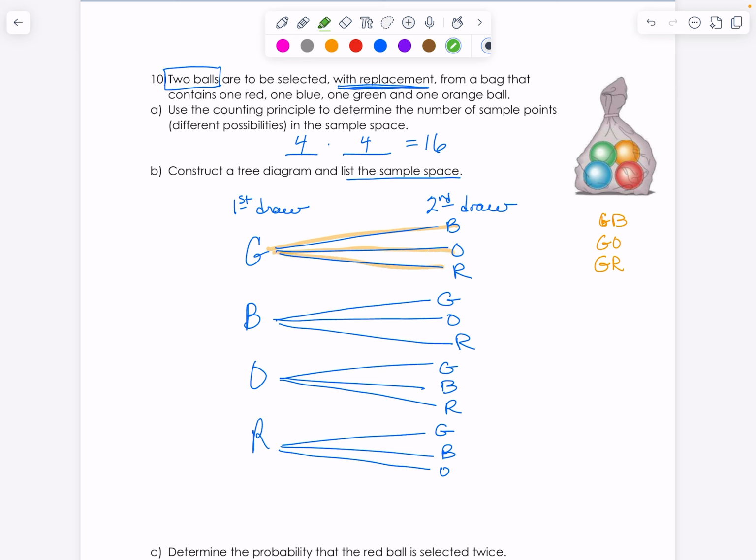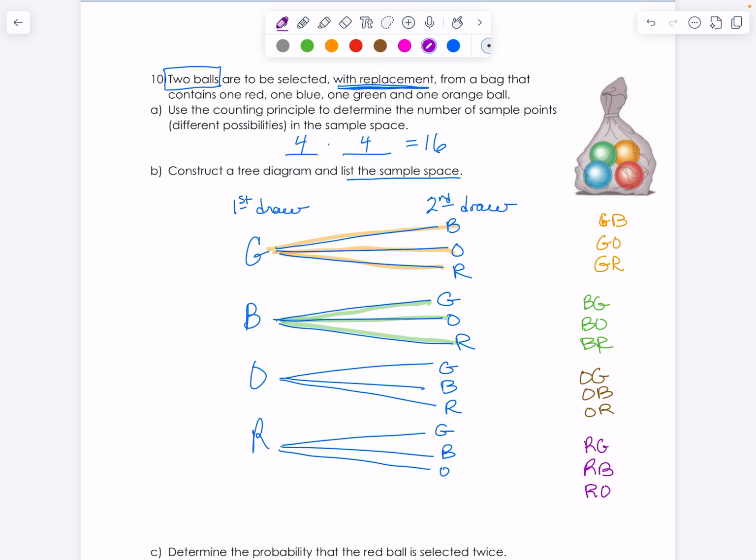Or we could have blue and green, blue and orange, and blue and red. Or if we chose orange first, we could have orange and green, orange and blue, orange and red. And last, I'll do it in purple, we could have red and green, red and blue, red and orange. And how many do we have?